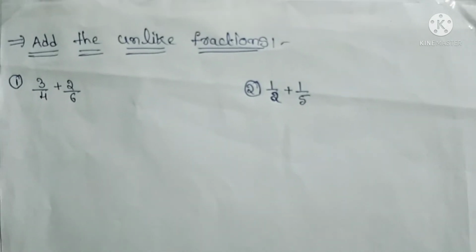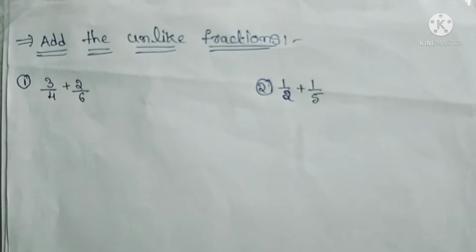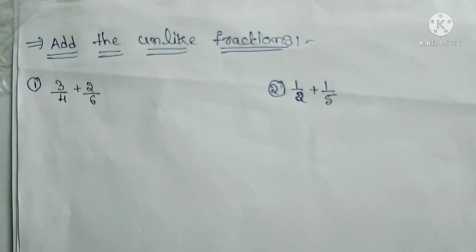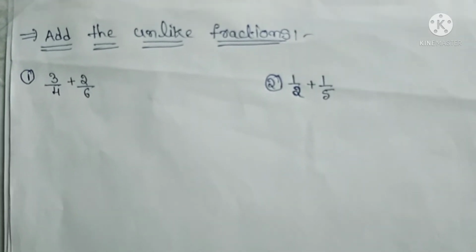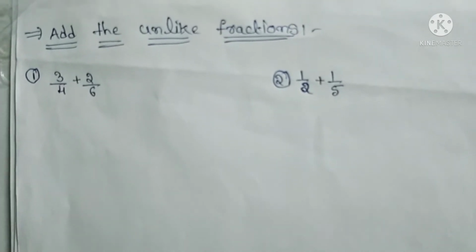Now add the unlike fractions, that is 3 by 4 plus 2 by 6. These are unlike fractions.